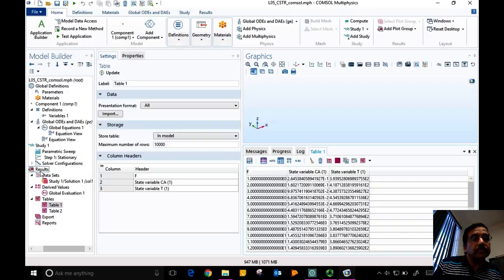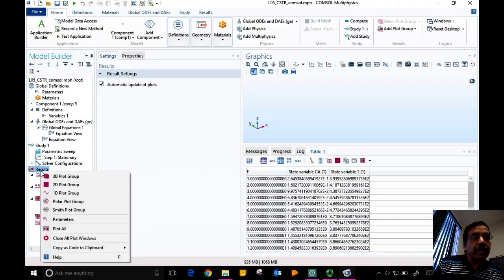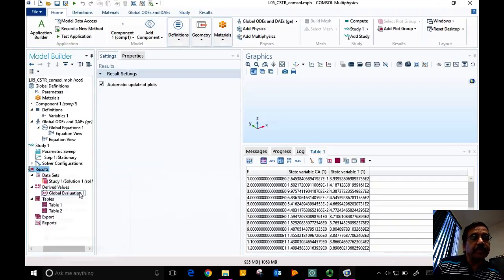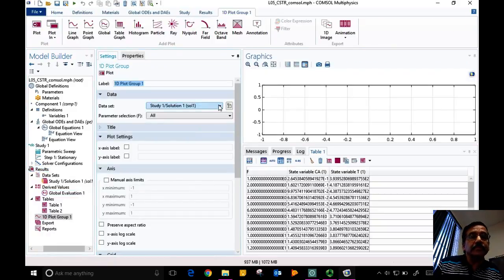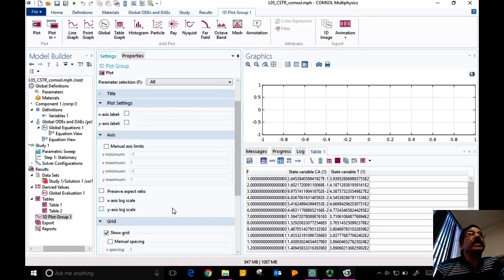Maybe you need to create the plot first. You need to create a plot, yeah, 1D plot group. Plot. And then what? Right-click the plot branch. Oh, you have to create the line plots. Create what?